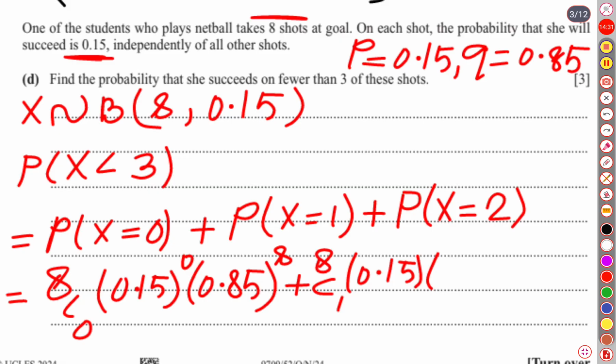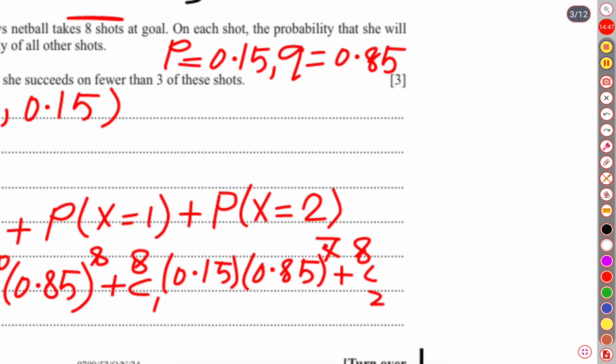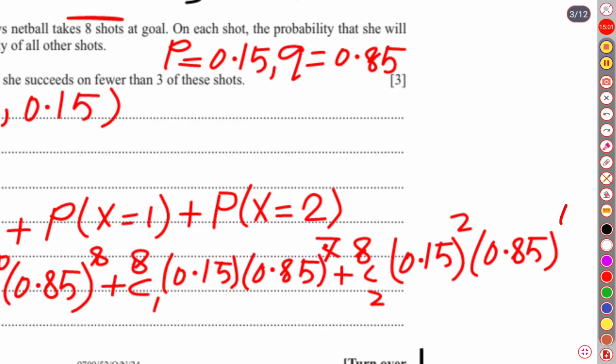The probability of each failing is 0.85, and he failed 7 times. Or he might succeed 2 times, so success is 0.15 and he succeeded 2 times, and 6 times he failed. Now we are going to calculate these.